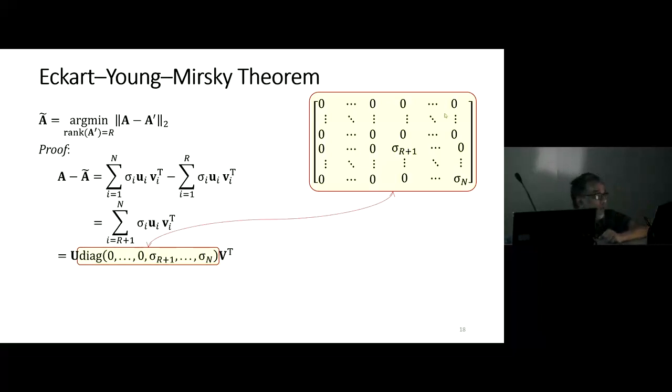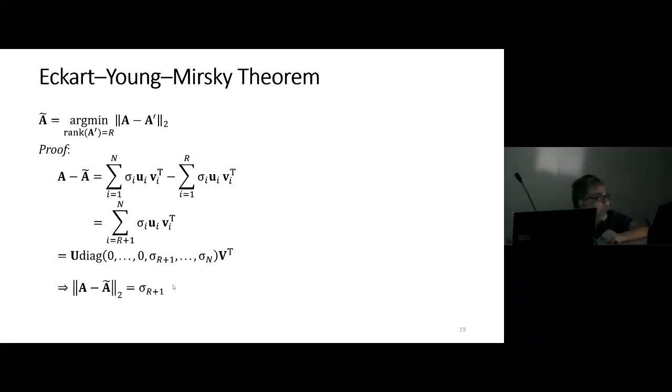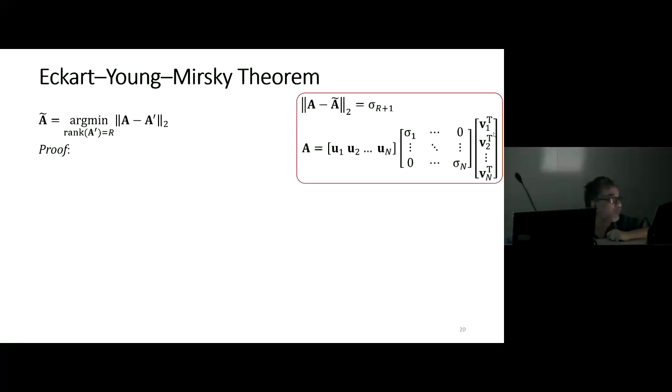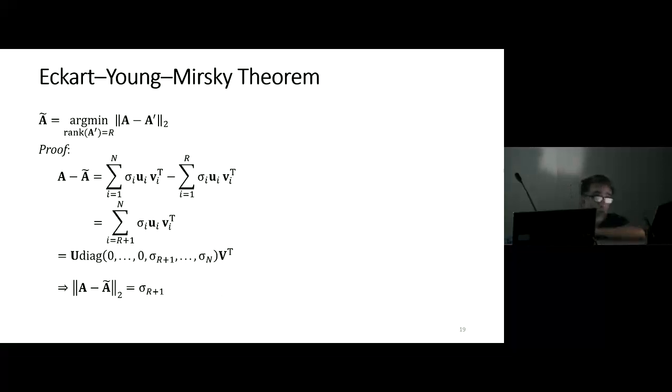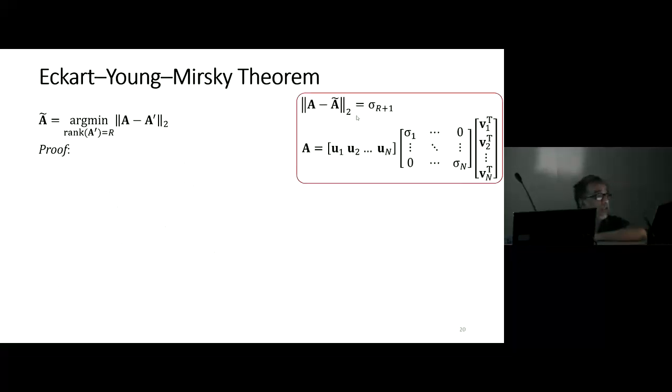So the L2 norm of the difference, A minus A tilde, is sigma r plus 1. So we'll remember this. This is my A, and this is my L2 norm of A minus A tilde. And this is what I'm proving.